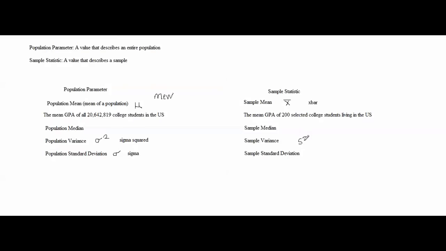And then sample standard deviation is just s. The reason why this is just sigma is because it's the square root of the variance, and the reason why this is just s is because it's the square root of the variance. I won't go over the symbols for median.